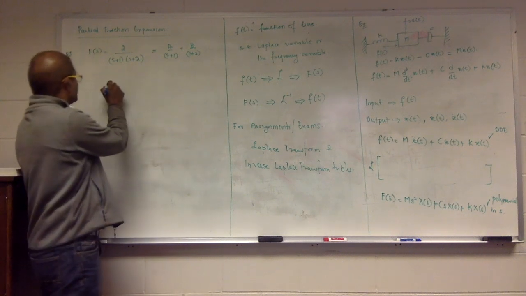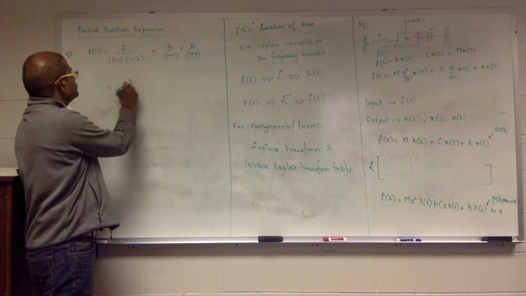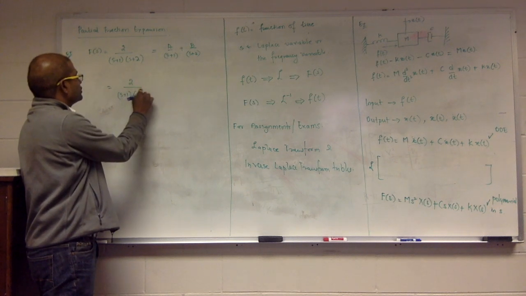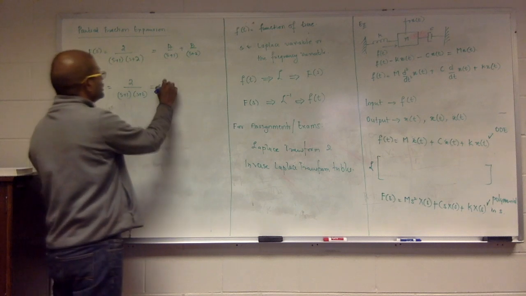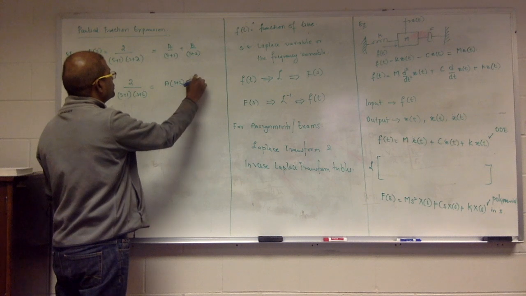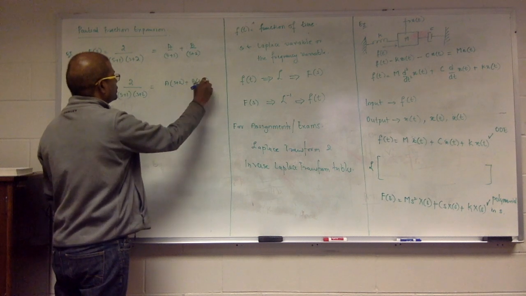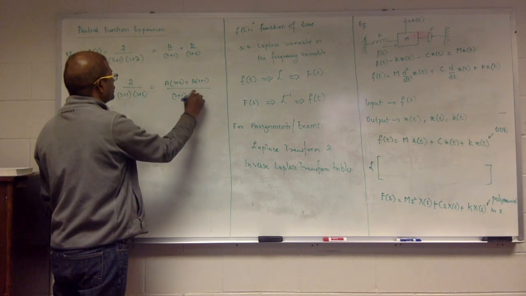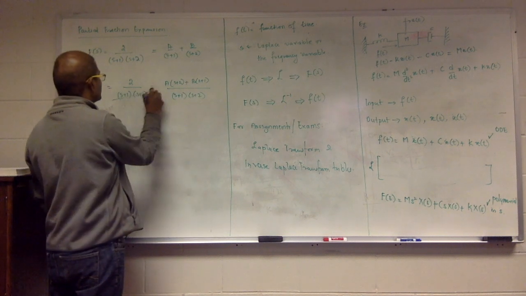So here this will be what? 2 over (s plus 1)(s plus 2) equal to A into (s plus 2) plus B into (s plus 1), divided by (s plus 1) times (s plus 2). So what you're going to do is this cancels.